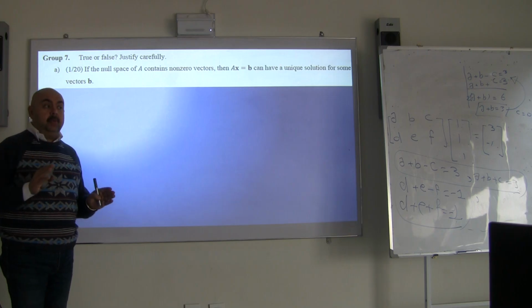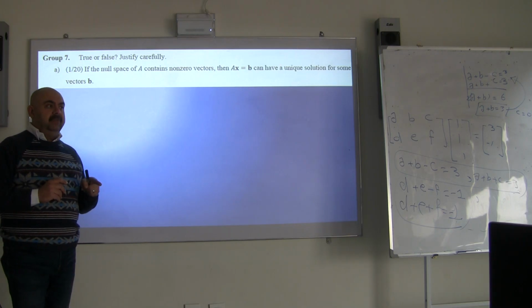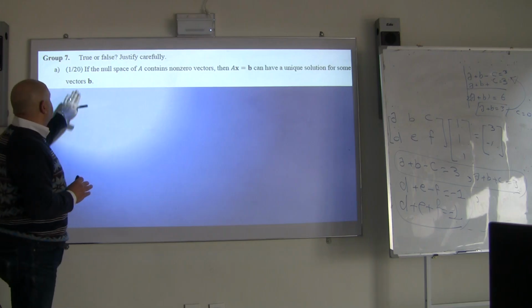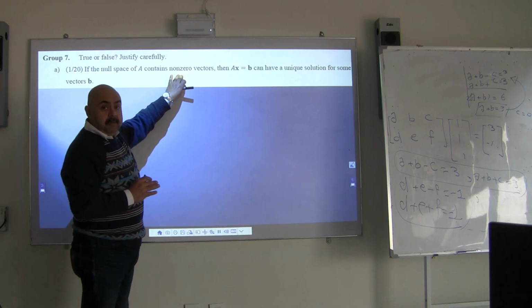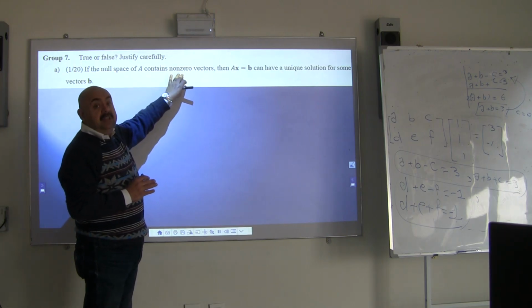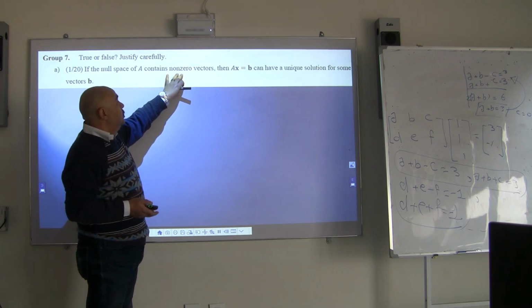If the null space equals 0, I will have a unique solution, if you remember. But if the null space of A contains non-zero vectors, these vectors are the free vectors. So you will have an infinite number of solutions.